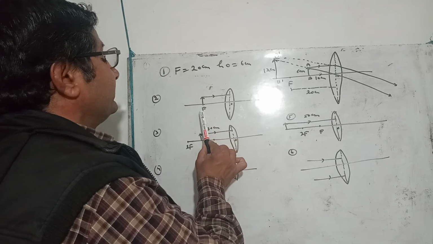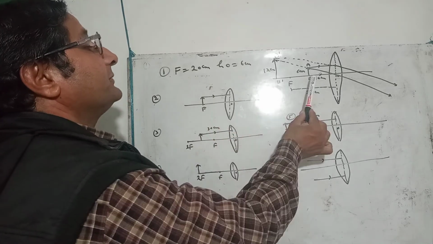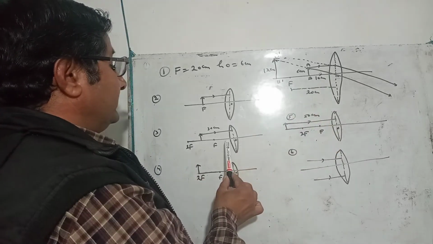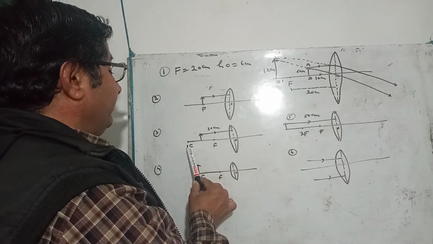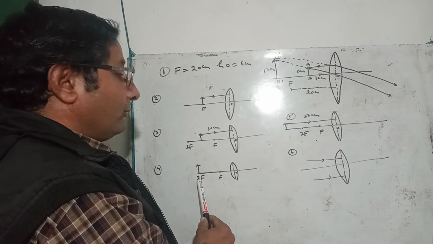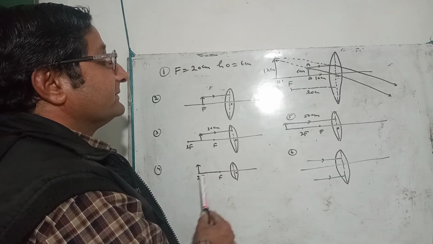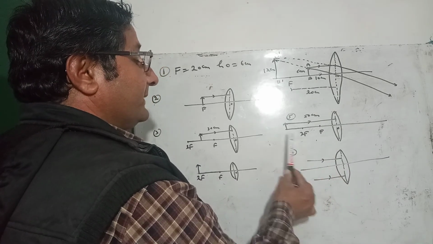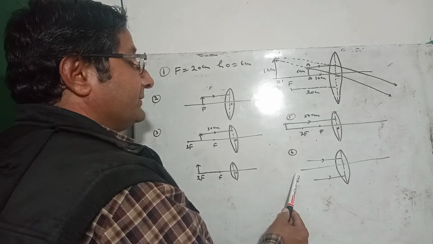First is between focus and optical center. Second position is at focus. Third is between F and 2F. Then at 2F, and the object is placed beyond 2F. Here the object is placed at infinity.